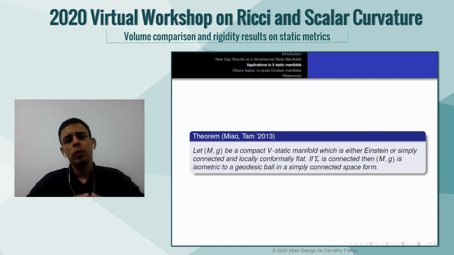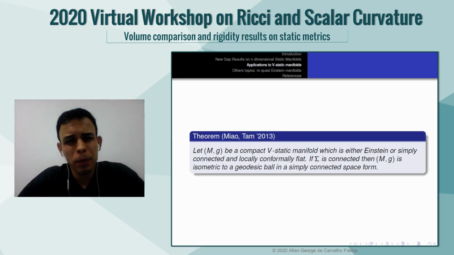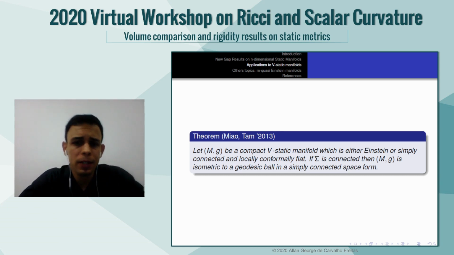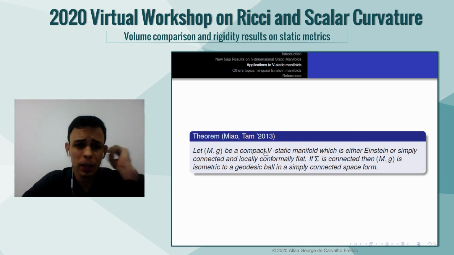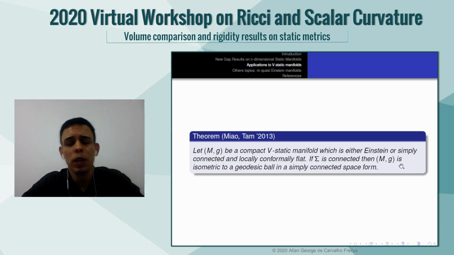So a rigidity result by Miao and Tam was that if you have a compact V-static manifold which is either Einstein or simply connected and locally conformally flat, then we can prove that if the boundary is connected, the manifold is exactly one of the rigidity models, that is, the geodesic balls in a simply connected space form.